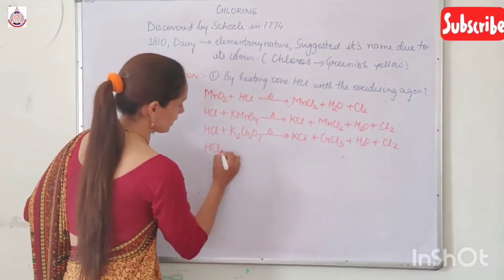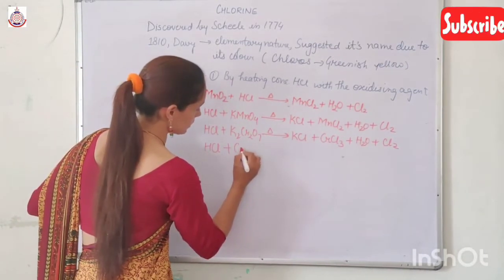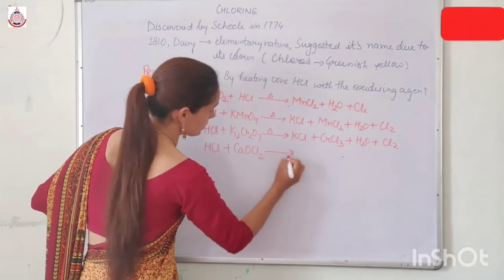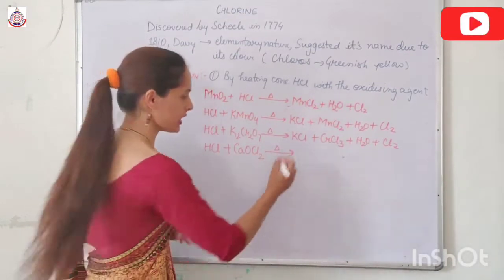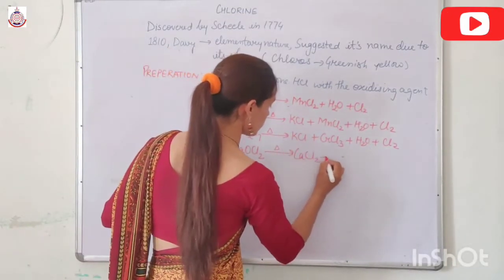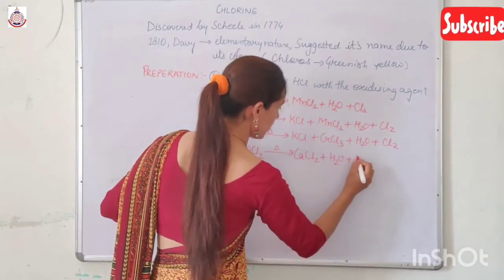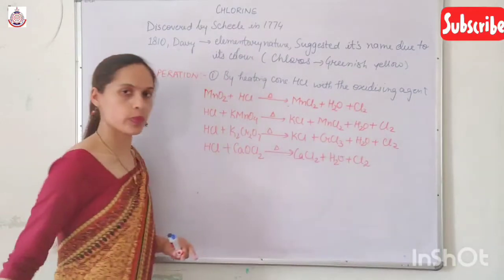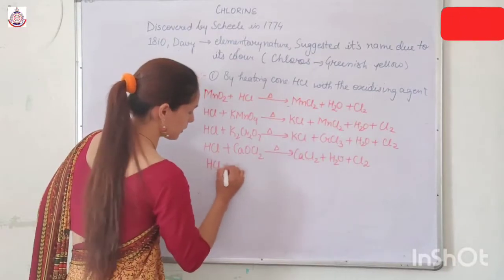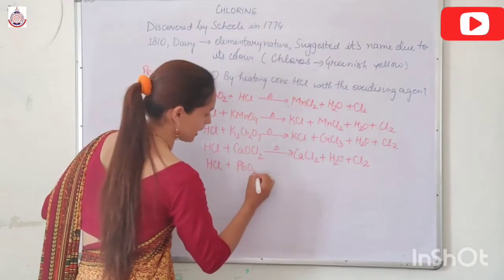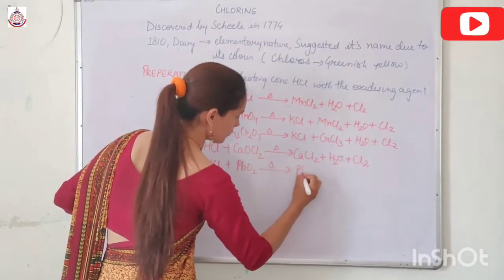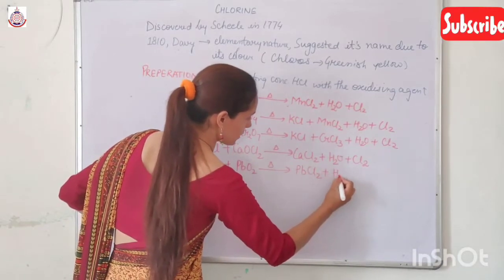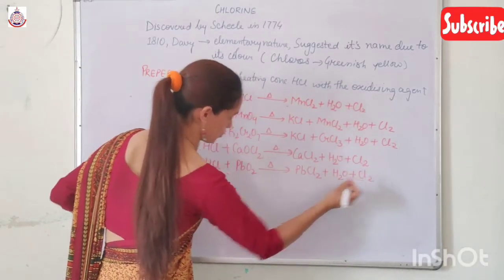When HCl reacts with CaOCl2, that is bleaching powder, on heating it gives CaCl2 plus H2O plus Cl2. When HCl reacts with lead dioxide, on heating it gives PbCl2 plus H2O plus Cl2.